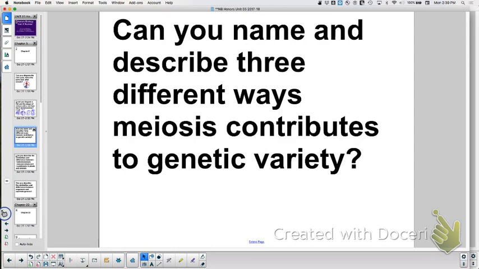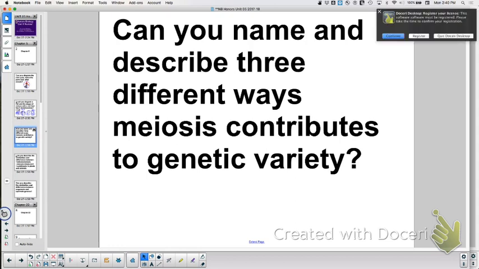Because meiosis creates haploid cells, you have to put 2 haploid cells together. What do you have the most of? Primarily the sperm, right? You need to create a diploid cell, so you need to put 2 haploid cells together for a whole. And so you don't know what sperm is going to fertilize what egg.